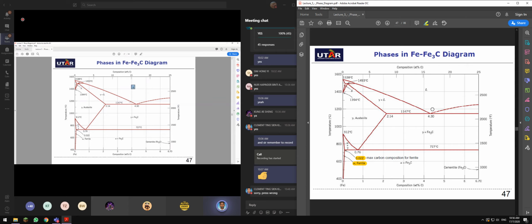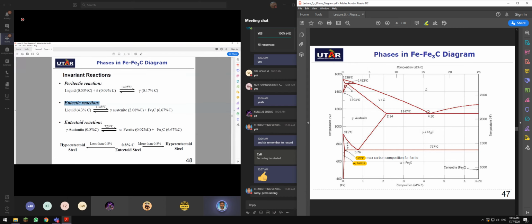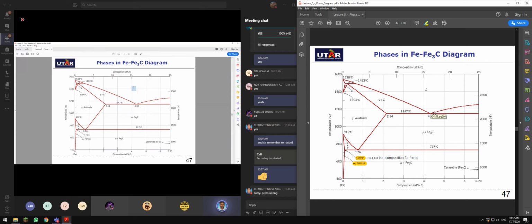This is semi-liquid. But in the eutectic reaction, fully liquid substance can change to fully solid within a temperature of 1147 degrees Celsius.